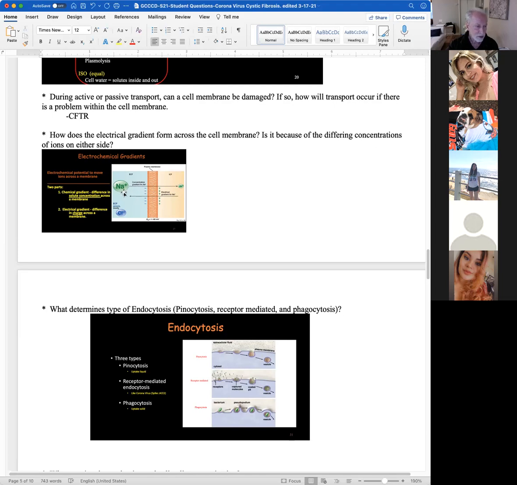But because sodium ions are charged, the fact that there's a high concentration of them on the inside of the membrane means that that membrane now takes on a negative charge. And the opposite side of the membrane takes on a positive charge. So the difference in charge is called the electrical gradient.